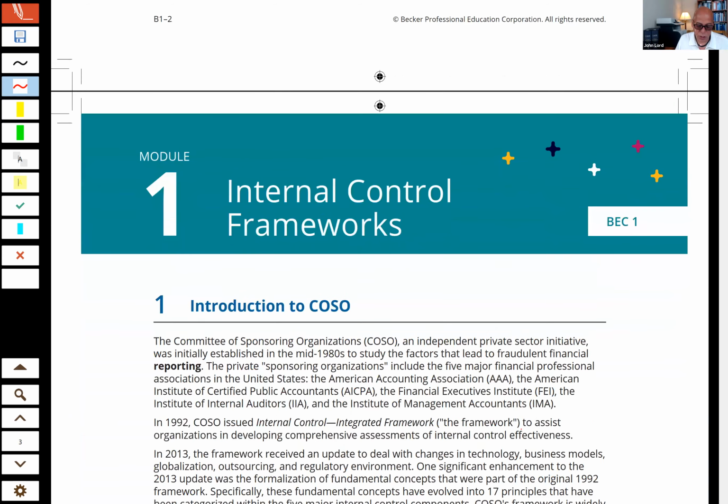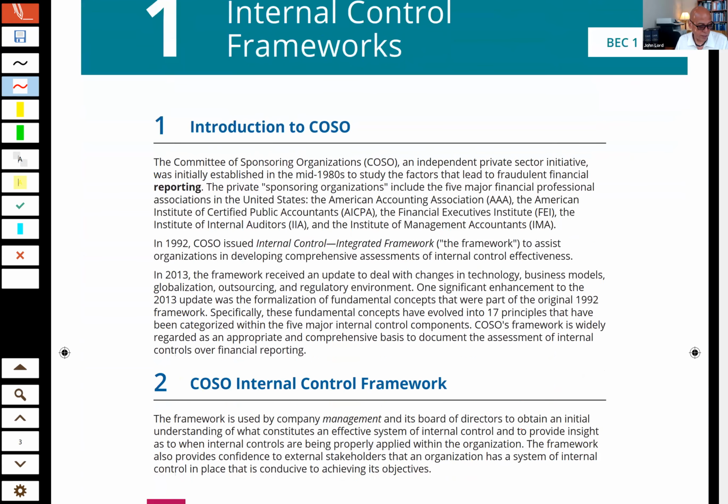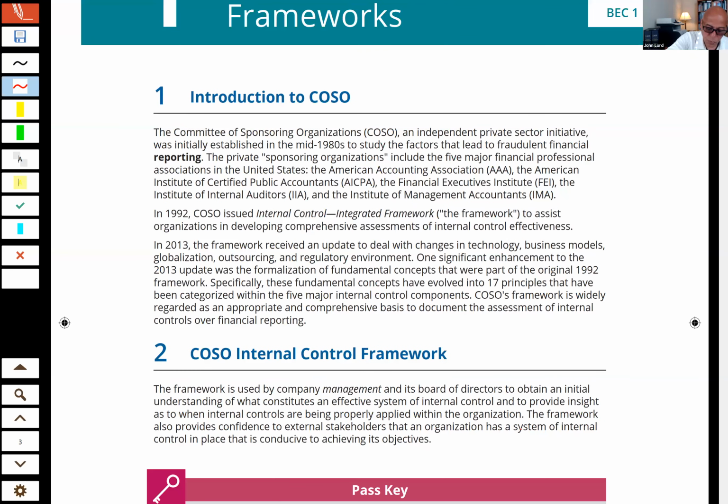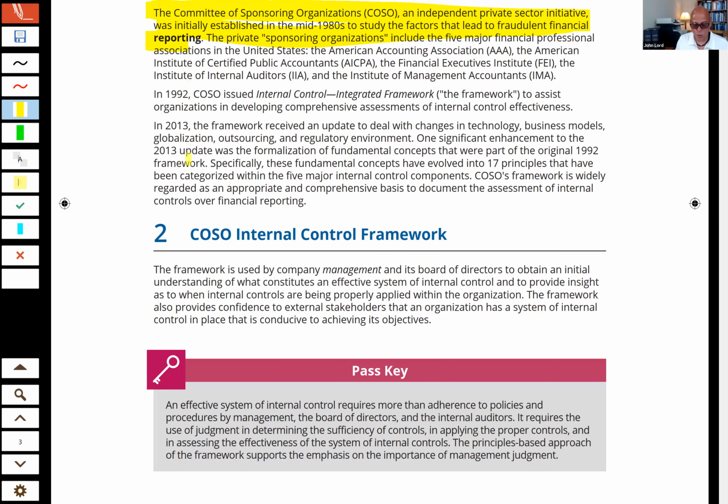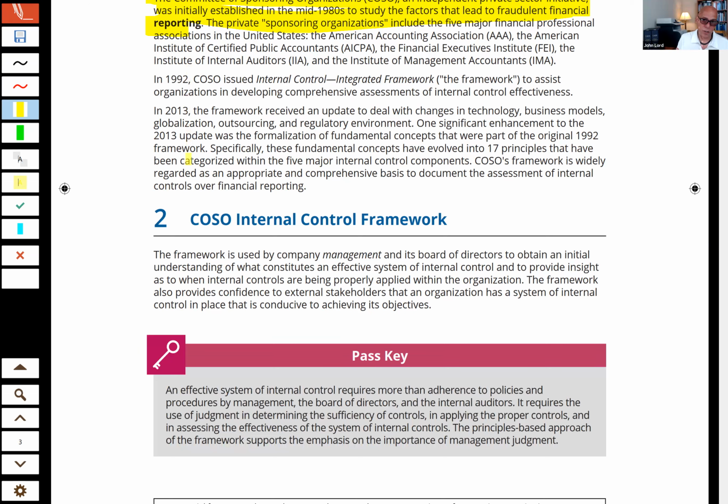Okay. All right, so let's go ahead and take a look at the internal control framework. Back in the 80s, the Committee of Sponsoring Organizations of the Treadway Commission put together an internal control framework. And they gave us a structure that we can use, as auditors, to evaluate the effectiveness of internal control as it relates to various objectives of the business.